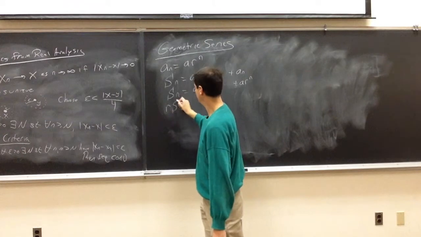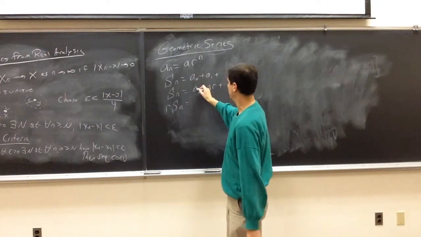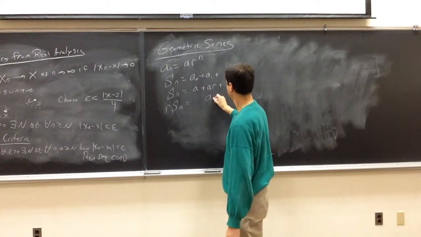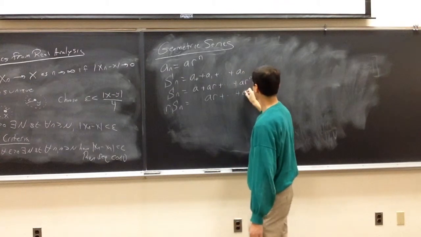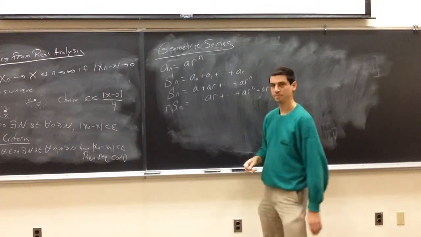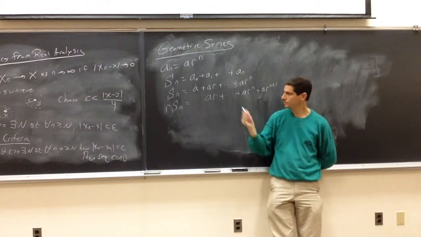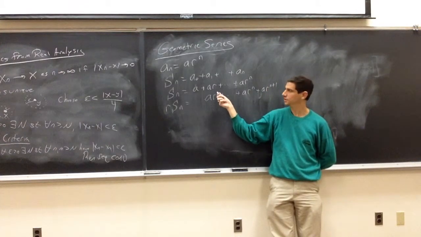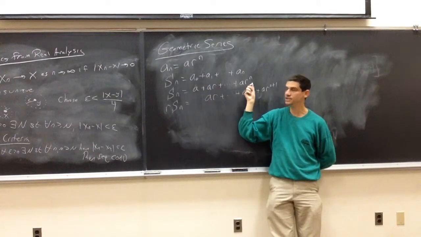If we multiply by r, we get rS_n. r times a is ar, plus dot dot dot, plus ar^n, plus ar^(n+1). And so when we look at these, if we subtract, we kill everything in the middle.